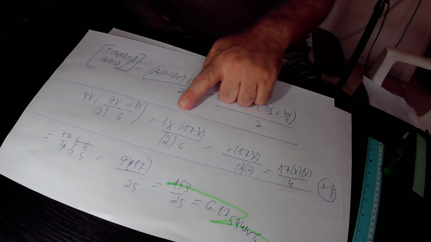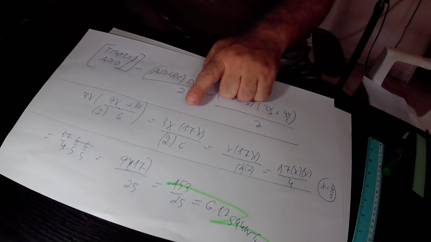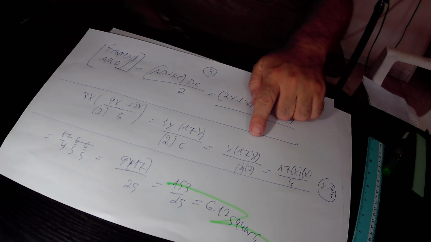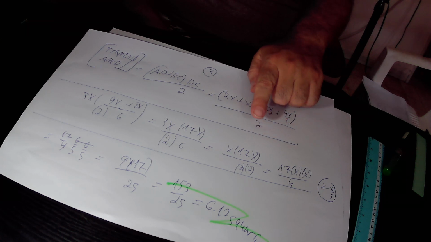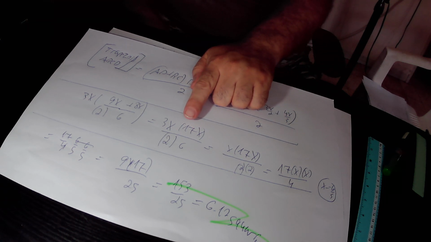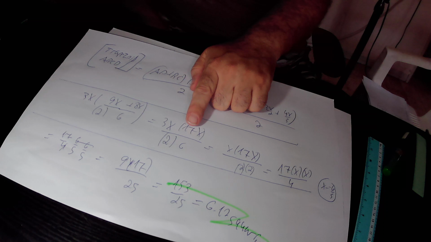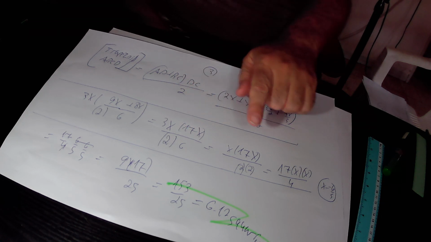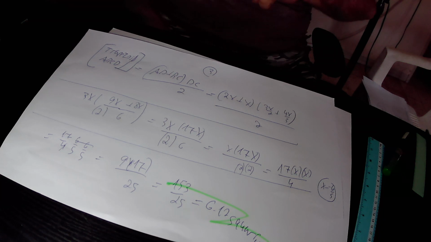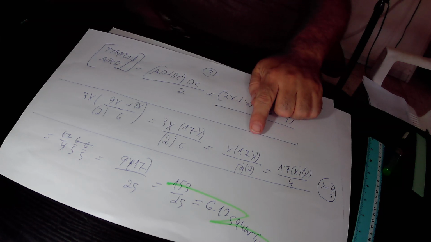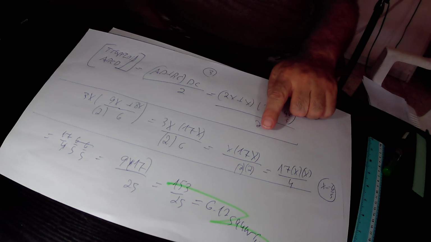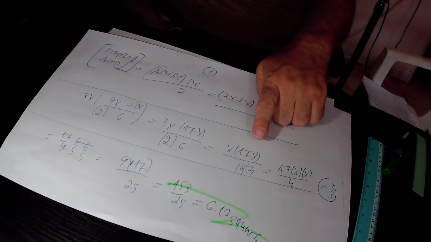We divide both the numerator and the denominator of this expression by 3. 3x over 3 is x, so in the numerator we have x times 17x, while in the denominator 6 over 3 is 2. So in total we are left with 2 times 2. So we have in the numerator x times 17x, and 2 times 2 is 4.